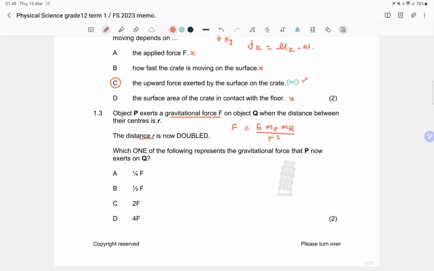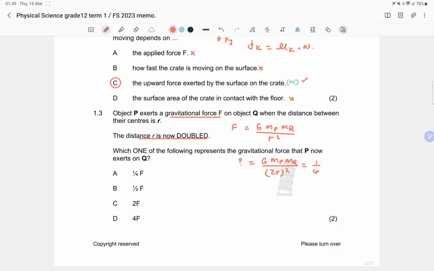Now we're told the distance r is doubled. So this means we've got ourselves this force that we don't know, which we're going to say is going to be G MP MQ over, then this is 2r, and then we square that. This gives us a quarter, because this is going to be 4r squared.